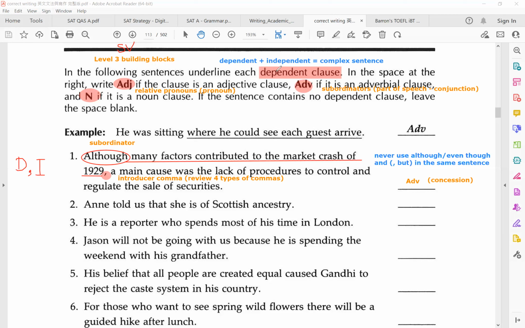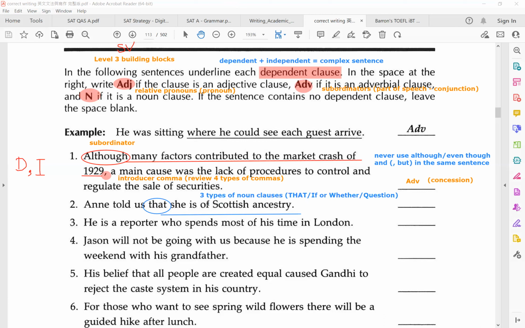All right, so number 2, Anne told us that she is of Scottish ancestry. So if you don't remember, we have 3 types of noun clauses. Please go back and review. We have that clause, if or whether clause, and then question noun clause starting with WH or how word.